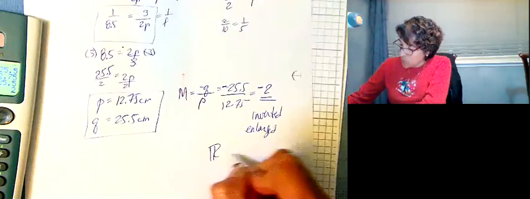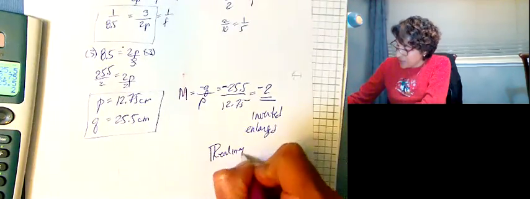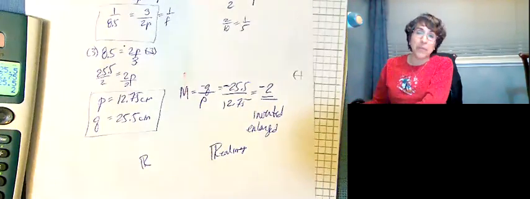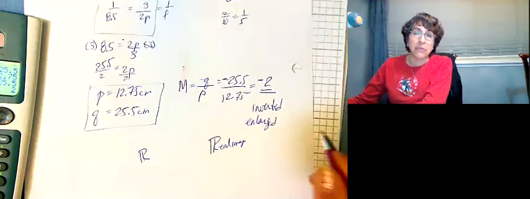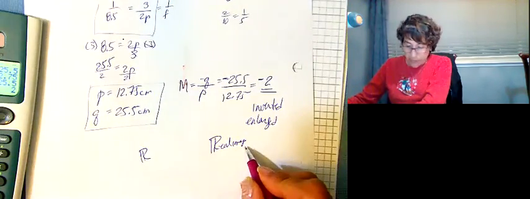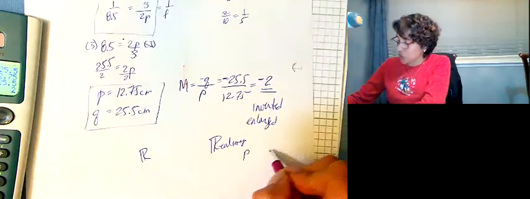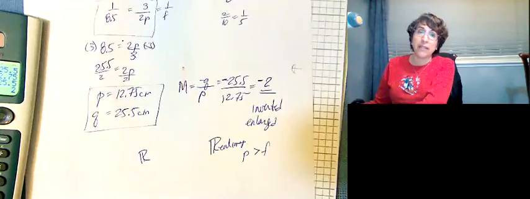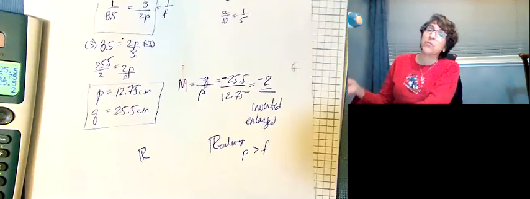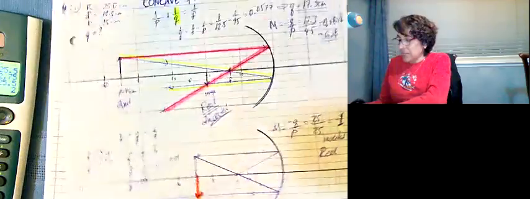So it is a real image. I still use this symbol, but that really is for real numbers, but I still use that for R. It's a real image because the position is greater than the focal length. A little different if it's really, really far. And there you go. So hopefully that's a good refresher for you.